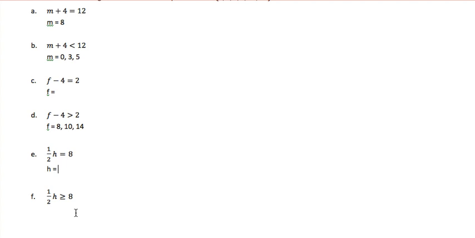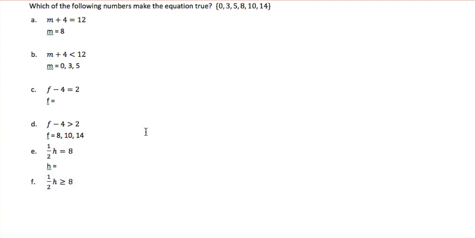On the other hand, if we are looking at the inequality 1/2 times h is greater than or equal to 8, 1/2 times 0 is 0, that's not greater than or equal to. 1/2 times 3 is 1 1/2, not greater than or equal to. 5 times 1/2 is 2 1/2, not greater than or equal to. 8 times 1/2 is 4, which is not greater than or equal to 8. 10 times 1/2 is 5, which is also not greater than or equal to.